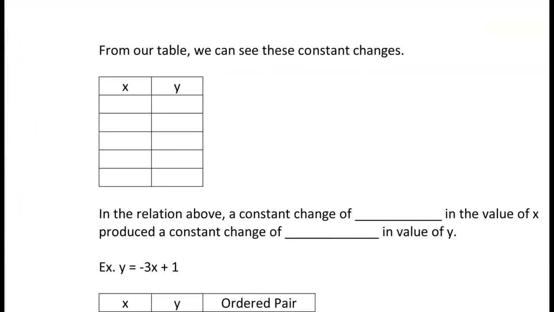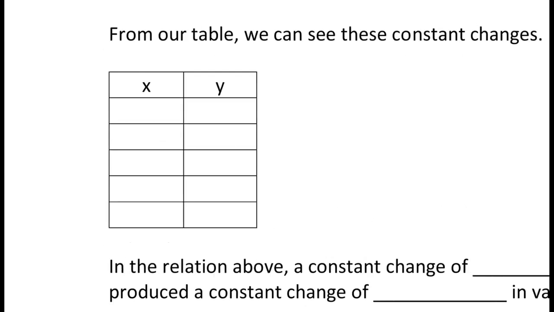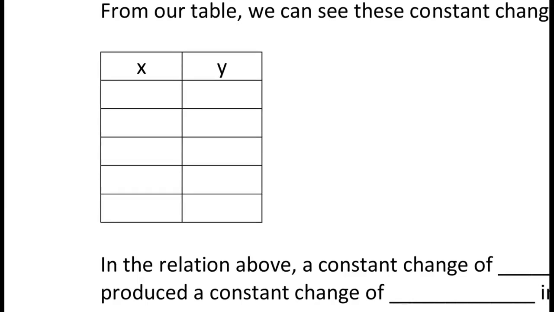Sliding over to our next table on the next page. Now this table is here just to reiterate the point that we talked about. So the values that we had were negative 2 and negative 12, negative 1 and negative 7, 0 and negative 2, 1 and 3, 2 and 8.